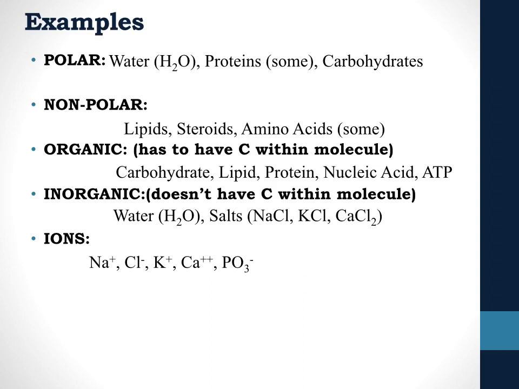And then ions. Ions are extremely important for physiological functions. It's the ions that establish membrane potentials, and it's the membrane potentials that establish membrane dynamics. Any change in ions around a cell will disrupt how the cell functions.